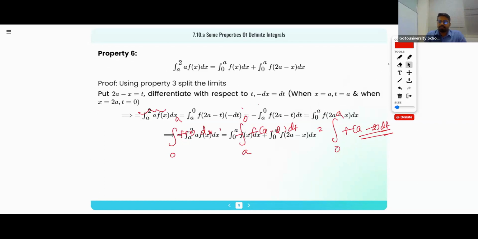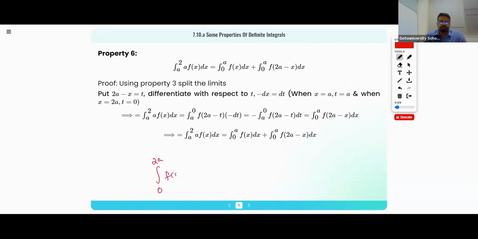Next property: if you have a limit like 0 to 2a, we can split that as 0 to a f of x dx plus again 0 to a f of x dx.